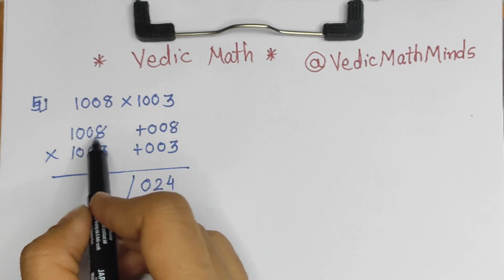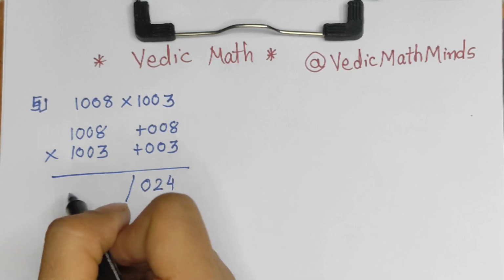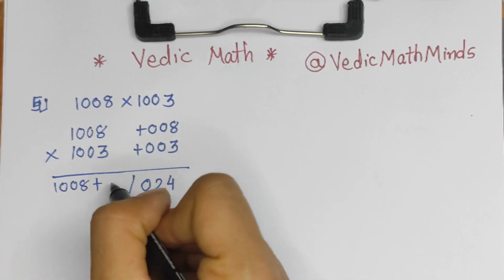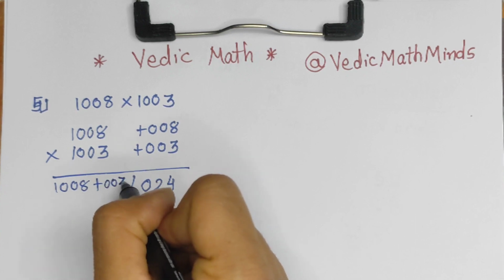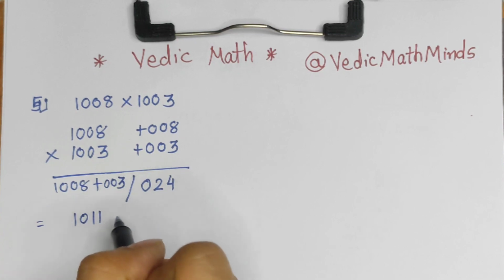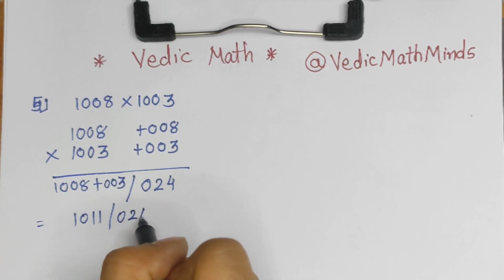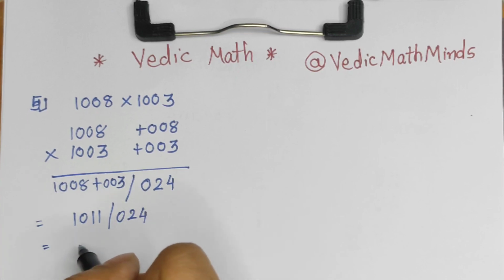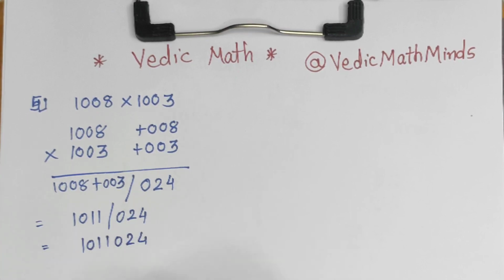So 1008 plus 003 gives 1011, and 024. So we got the answer 1,011,024. This is the answer.